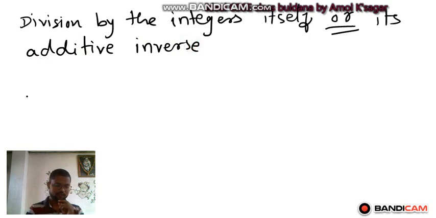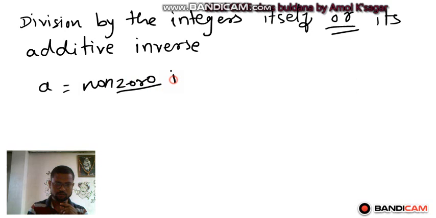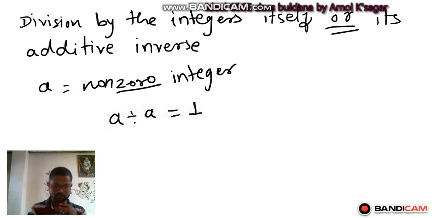If a is a non-zero integer, then a divided by a, the answer is 1.